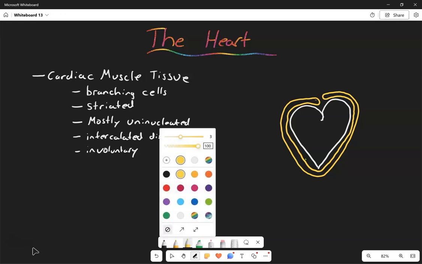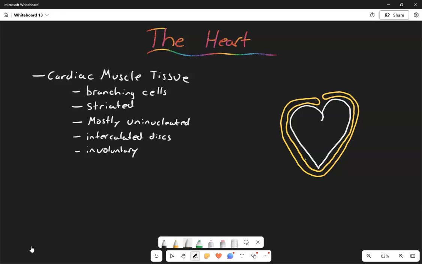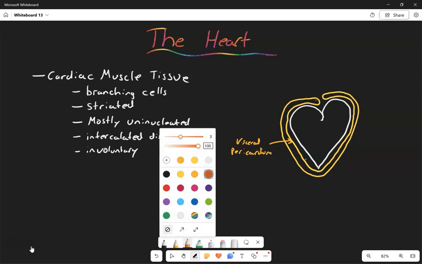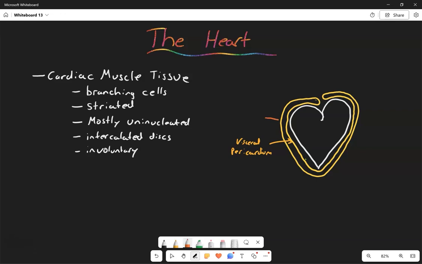And there is what we call a visceral layer. So we'll see in this color, this is the visceral layer here. So this is known as the visceral pericardium. Okay. And then there is a parietal layer, the outside layer, right? So this is your parietal pericardium. Okay.